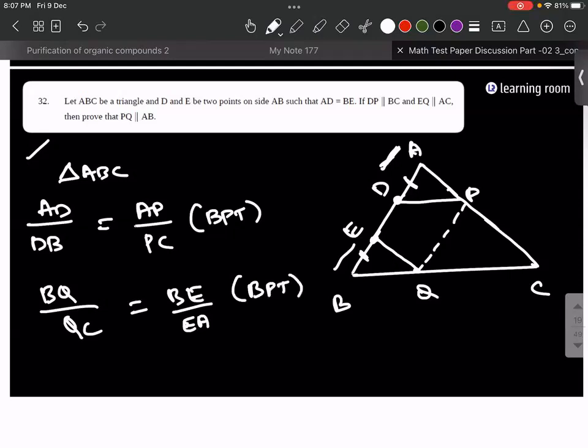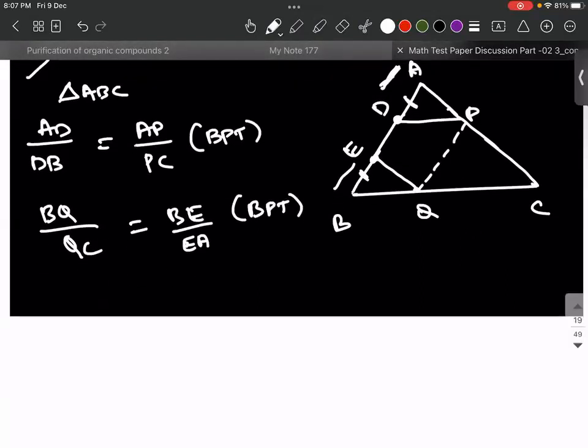Then we have that EA is equal to ED plus AD.